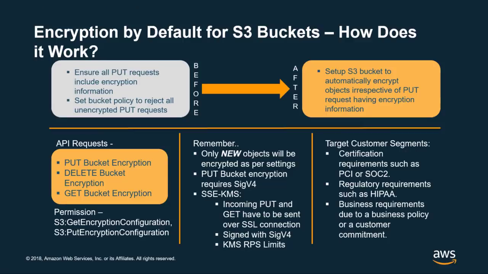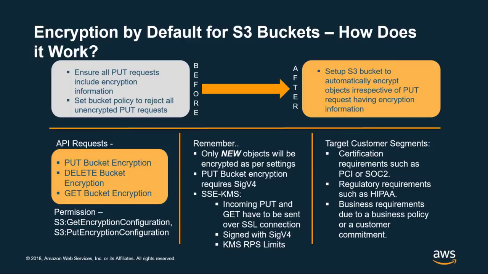And so how does this really work? Essentially, it ensures that all put requests include encryption information automatically. It ensures that you will encrypt irrespective of the put request having encryption information or not.